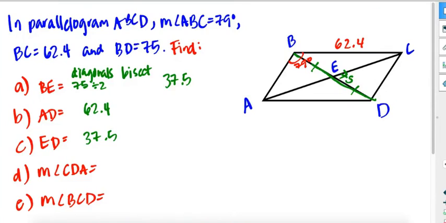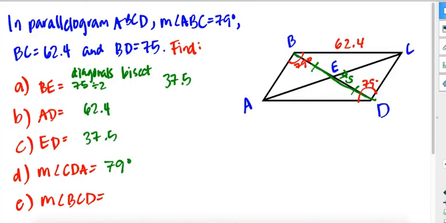The next thing it asks for is the measure of CDA. Well, in parallelograms, the opposite angles are congruent. So this is also 79 degrees.